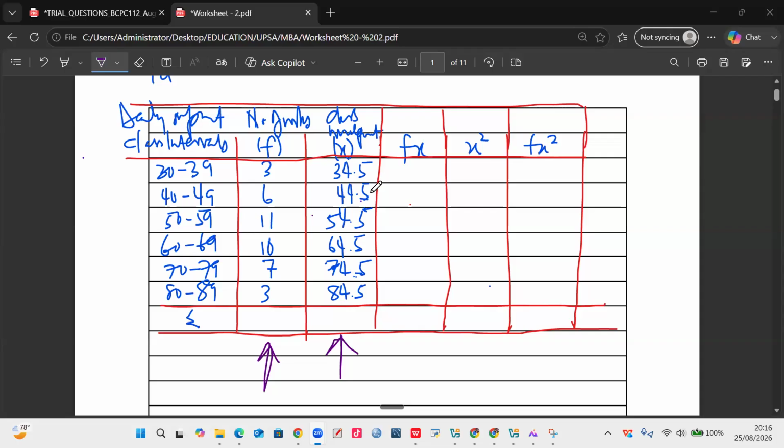You could see on the screen, the number 3 frequency matches with 34.5. If you don't ensure that the frequency starts from 1 and you enter it from down there, your number 3 down there will not match with 34.5. They must correspond. So let's go with the frequency 3 first, then equals.